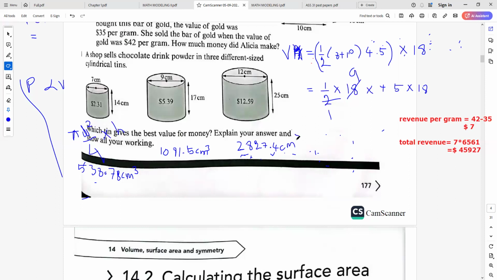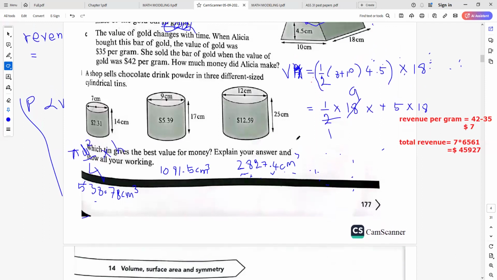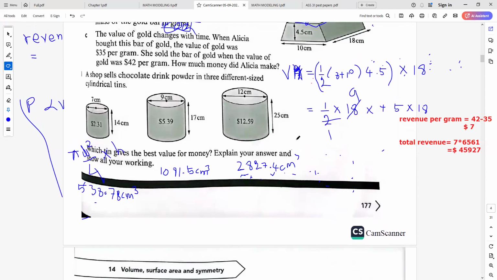Now they are asking which tin gives the best value for money. Explain your answer and show all your working. They have given chocolate drink powder in three different sizes.